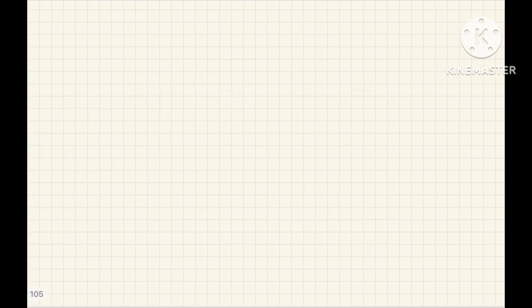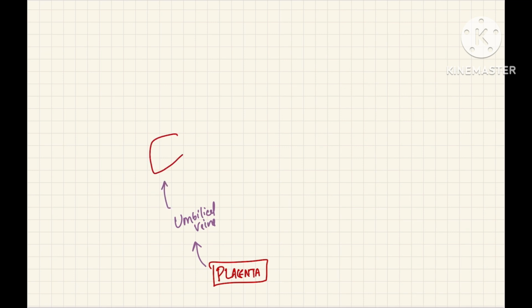Fetal circulation, let's start with the placenta. From the placenta, the maternal blood goes through umbilical veins to the fetus. These umbilical veins travel to the liver, where the blood is pooled into the portal sinus.